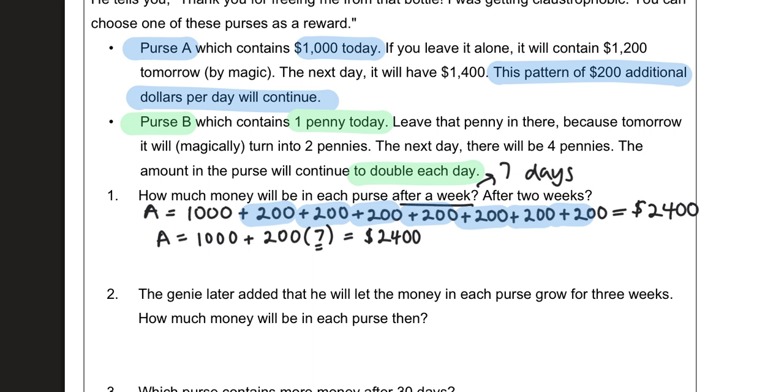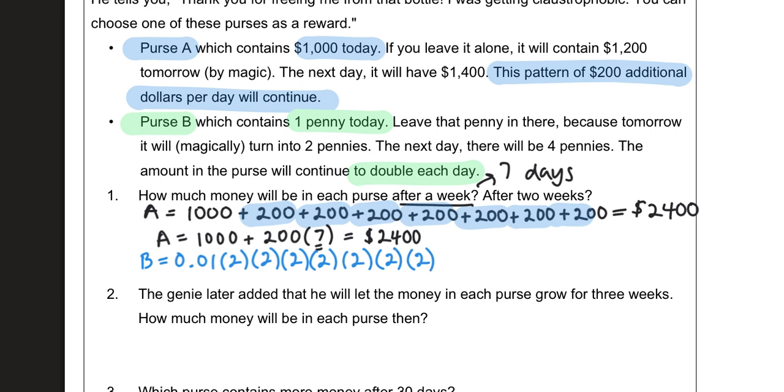For purse B, we start with 1 penny, so 0.01, and it's doubling, so times 2 for 7 days. So we'll have times 2, 7 times, okay?